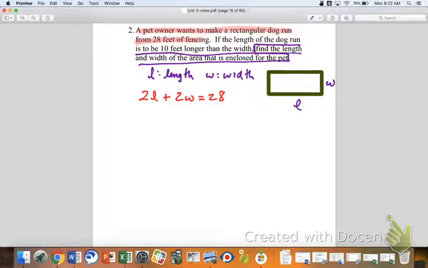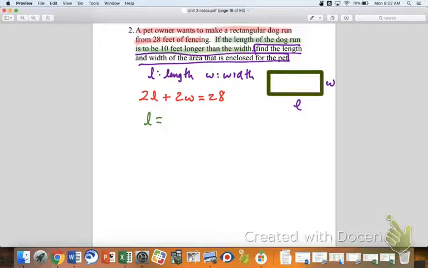Okay, and then the other one says if the length of the dog run is to be 10 feet longer than the width. Now, this is a little more of a straightforward translation. It says length, which is L, is, and is means what? Equals 10 feet longer than.